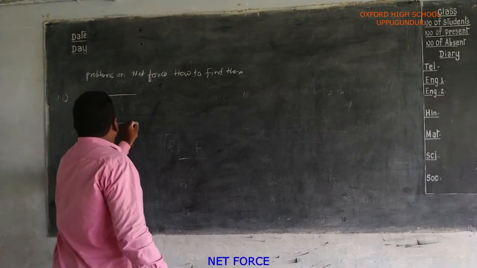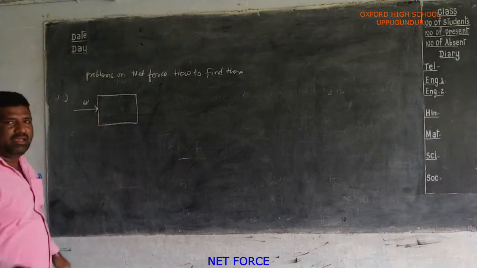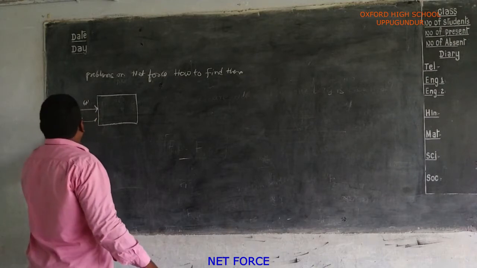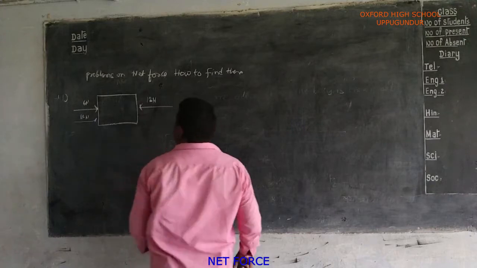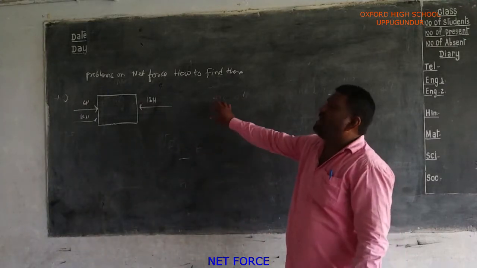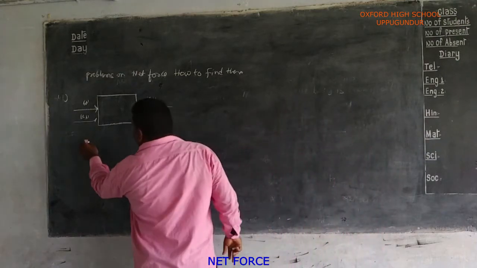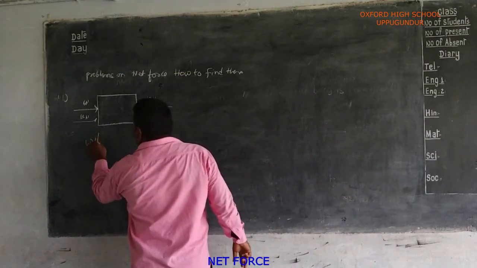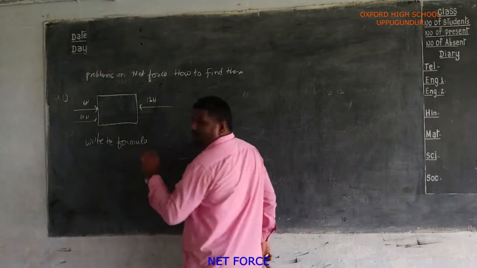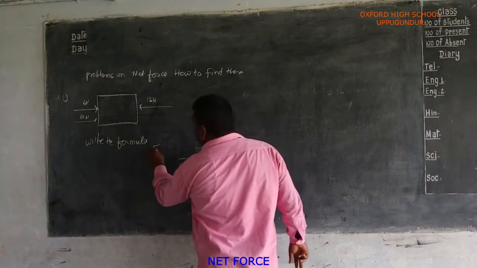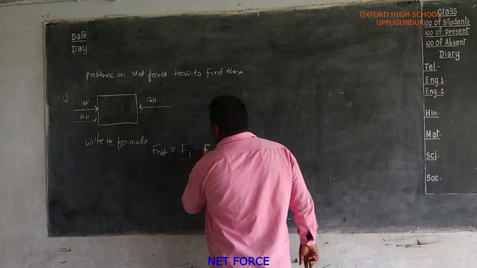It is one body. On this side the body has a force of 6 newtons, downward another 12 newtons, and on this side 12 newtons. Now find the net force. First of all, write the formula: F net is equal to F1 minus F2.